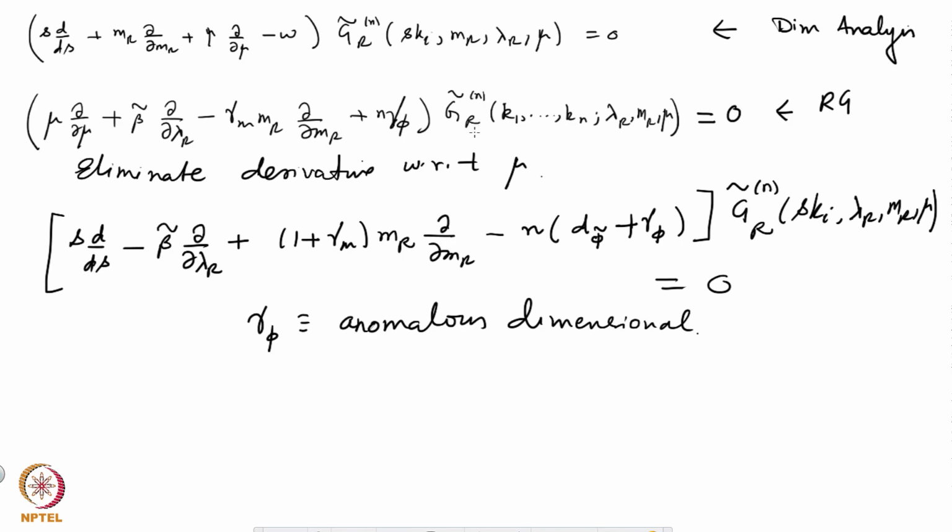And also we had already seen the renormalization group equation, which is given by this equation. This is what the renormalized Green's function satisfies, where gamma phi is the anomalous dimension of phi. And then we had eliminated mu from these two equations, the derivative of mu, and found this equation, which is s d over ds.